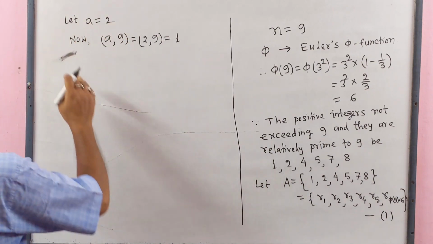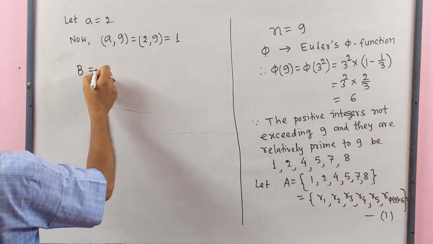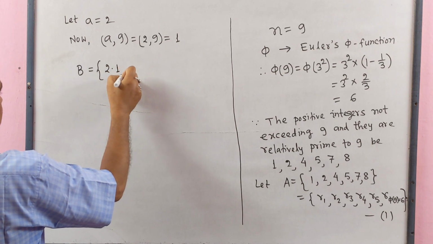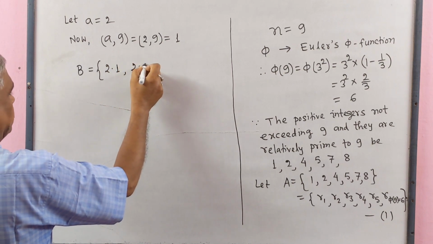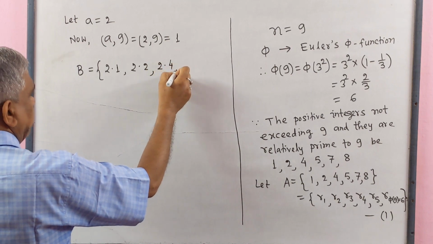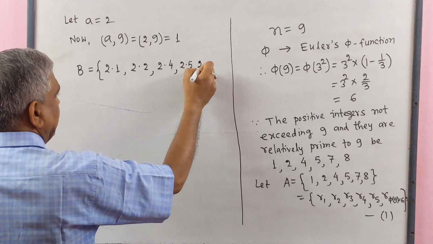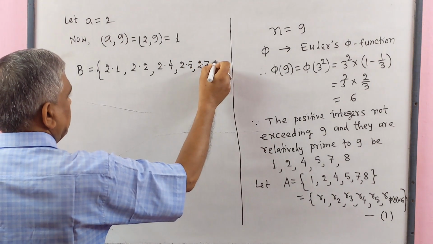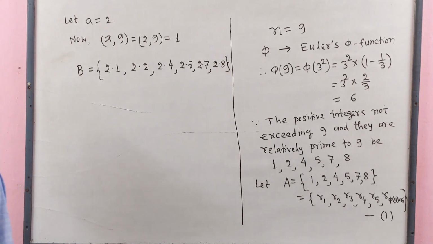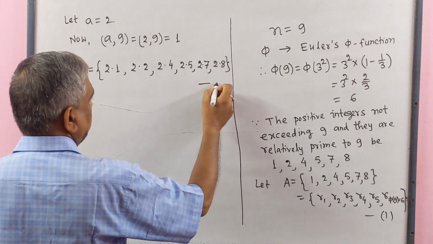We get a set B: 2 multiply 1, 2 multiply 2, 2 multiply 4, 2 multiply 5, 2 multiply 7, 2 multiply 8. This is number 2.